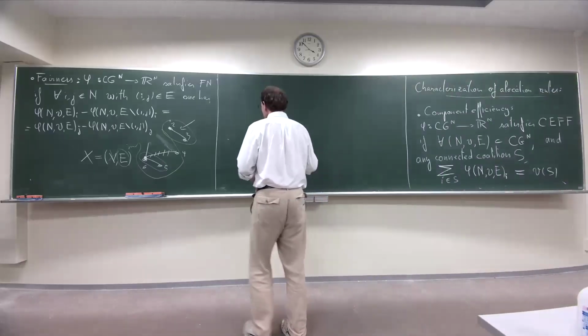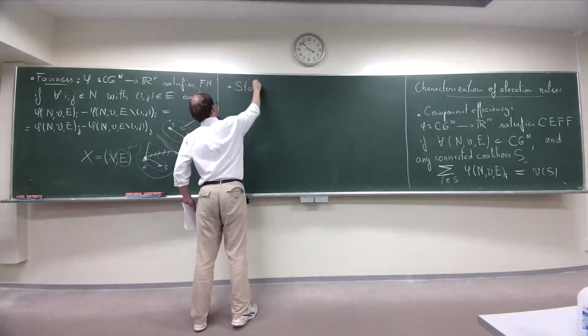Okay, this is fairness. And the third property is called stability.